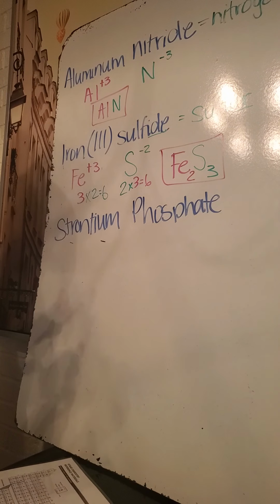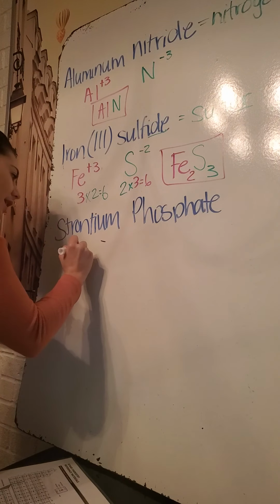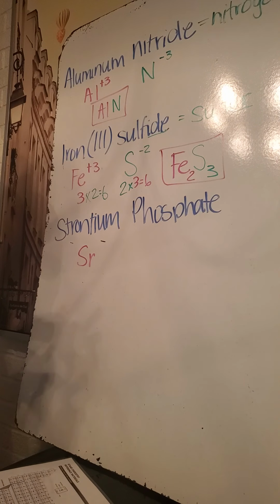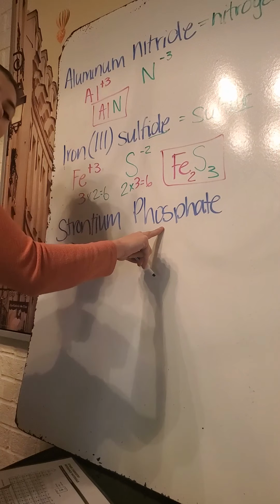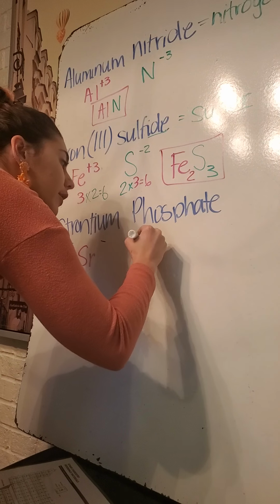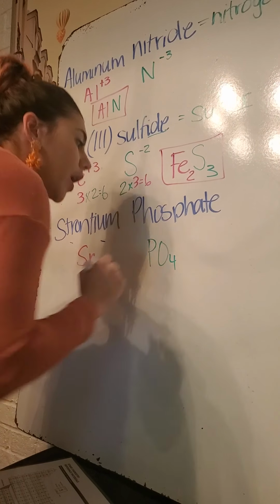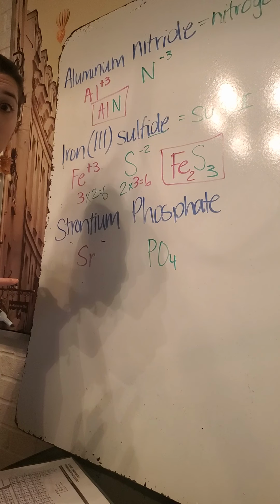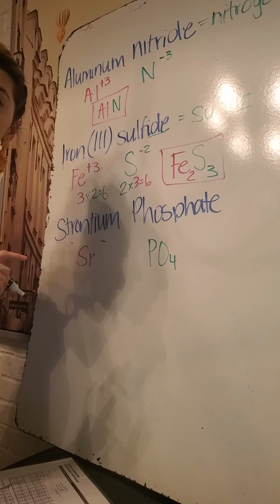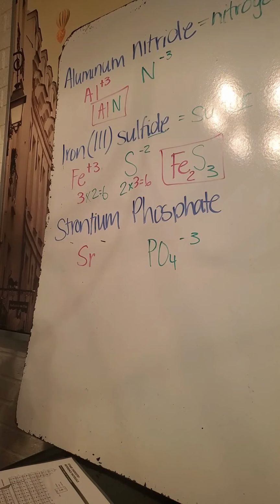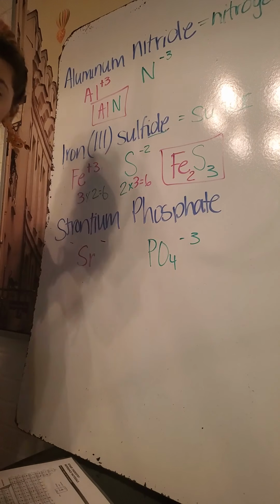First thing we're going to do, just like before, is write down our chemical symbol. So there's strontium, and we're going to look at our polyatomic ion chart, and we're going to realize that phosphate is PO4, and if you look at your chart, it should tell you what the charge is. So we know that we have a -3 charge.